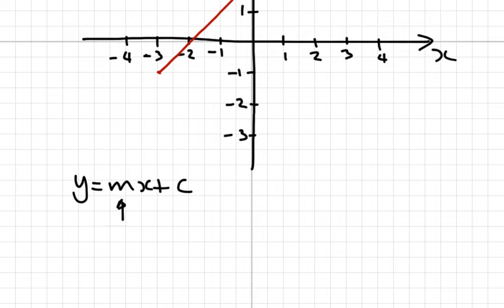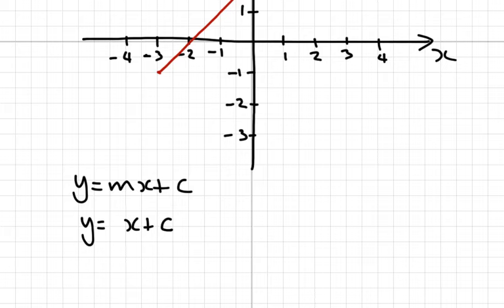So I can now say that my equation of the line is y equal to 1x plus c. But because 1x is a bit redundant, you don't really need to write the 1. If it was a different number, you would write it, but we can leave the 1 out.